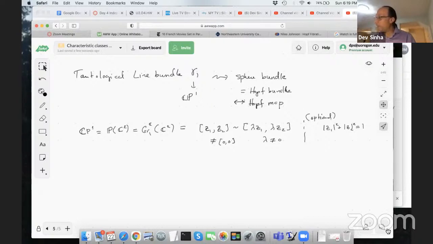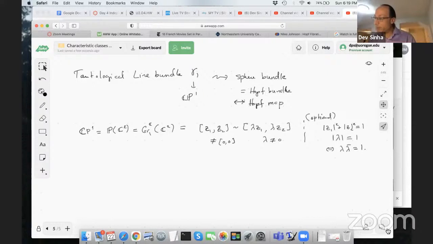That would be the 3 sphere. And lambda is also a unit number, which means that lambda bar lambda is 1. So that's explicitly in coordinates how we're going to deal with CP1.